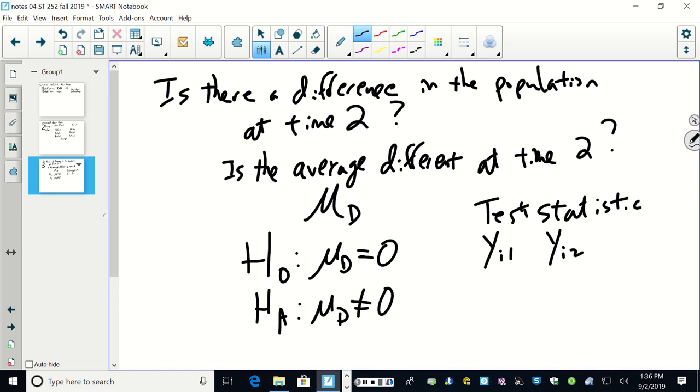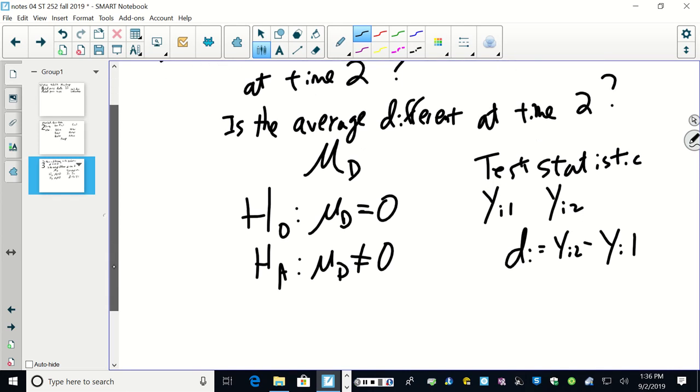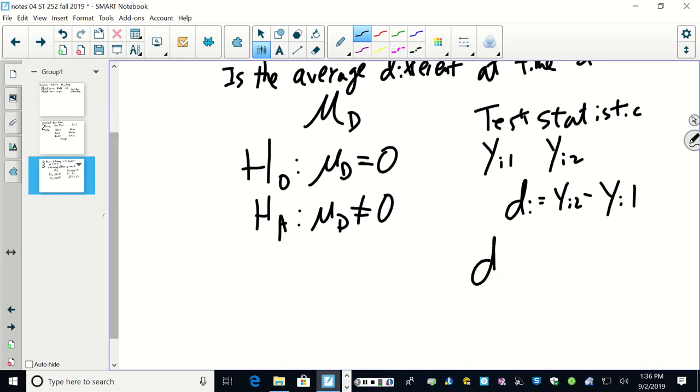If we simply take the differences, d sub i, the second one minus the first one, we get the differences. Across our n subjects, we take the average of those, d bar, 1 over n times the sum of i going from 1 to n of d sub i, and we get our sample average.